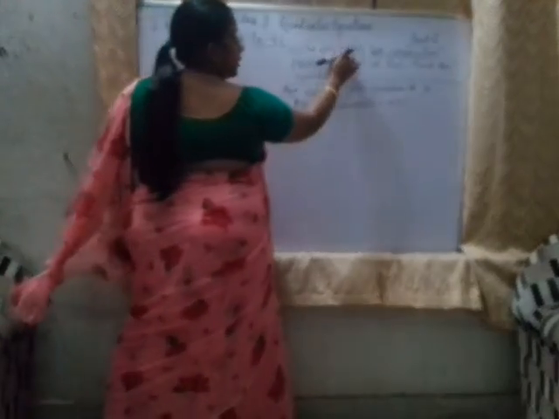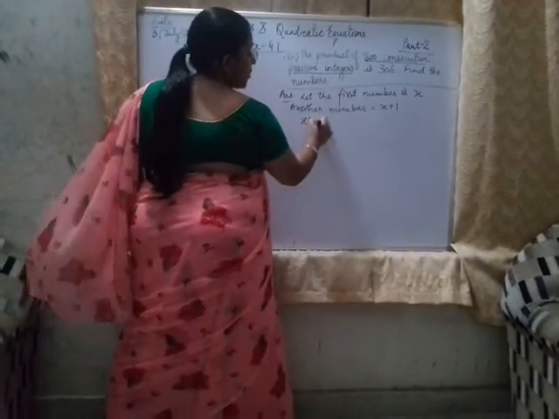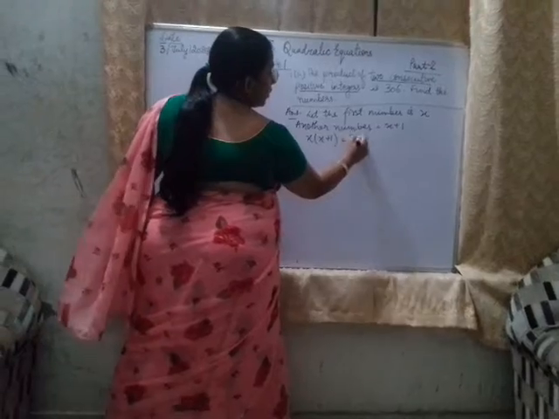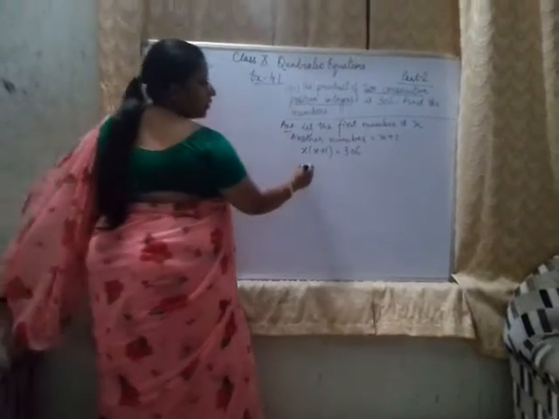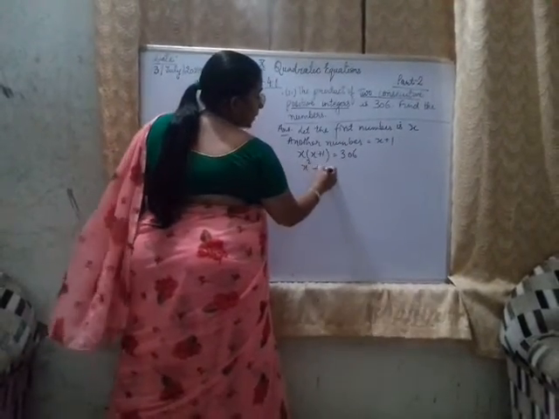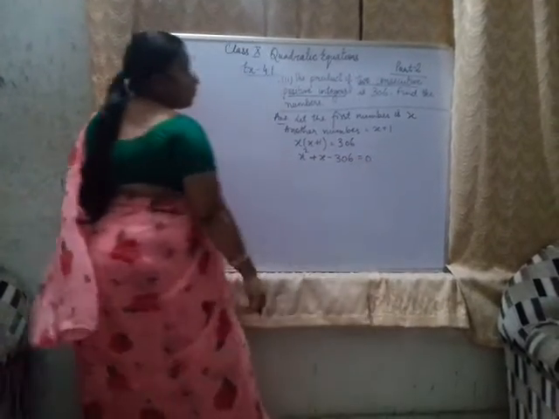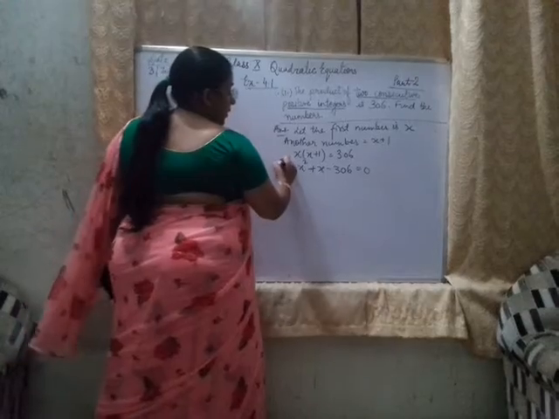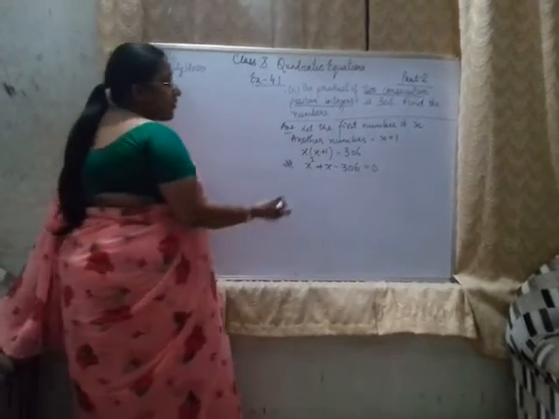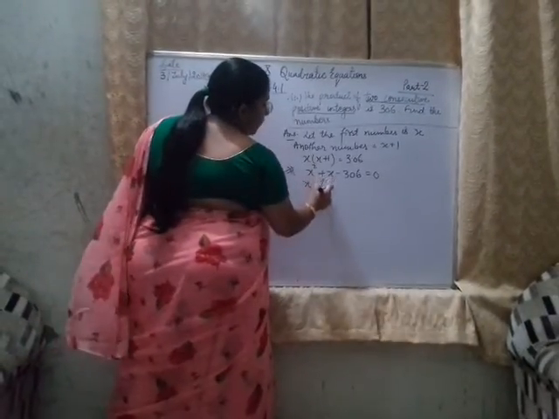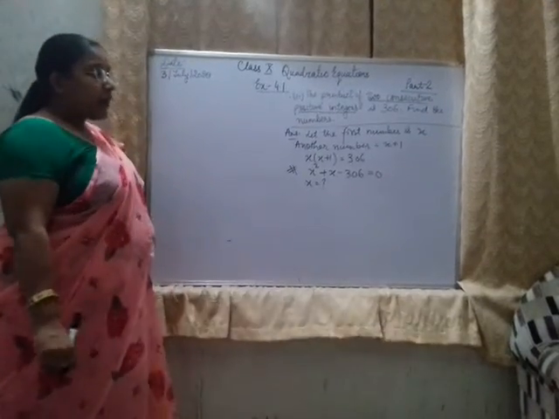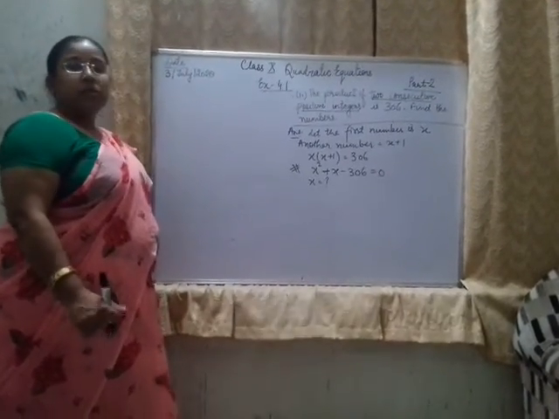Now their product is 306, so x into x plus 1 is equal to 306. Therefore it will be x square plus x minus 306 is equal to 0. So again this is a quadratic equation which can be factorized to find the value of x. Is it okay?